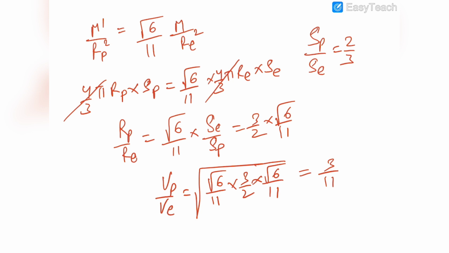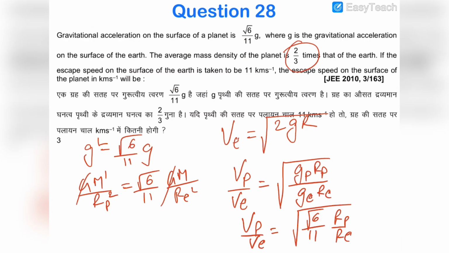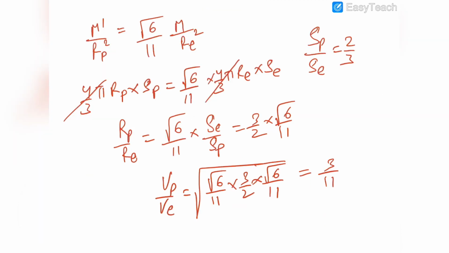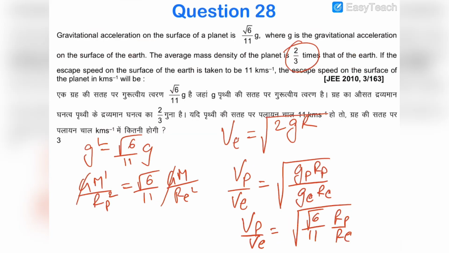Root 6 times root 6 is 6, 6 by 2 is 3, 3 into 3 is 9, and 11 into 11 is 121. So root of that is 3 by 11. So escape velocity of Earth is 11, so the escape velocity on that planet would be 3. So the correct answer is 3. Now we move on to the next question.